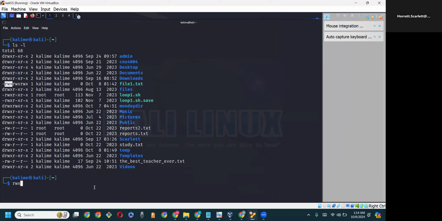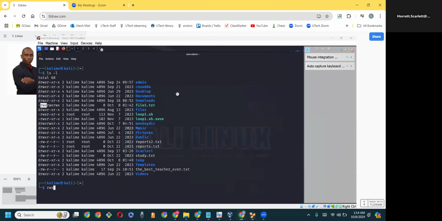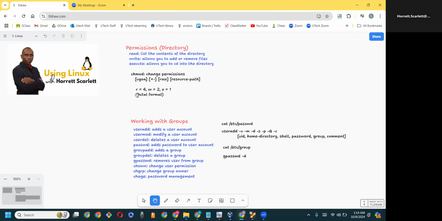So what 7 does is it turns on all the bits. And if we go back to the documentation, if we turn on read, we turn on write, and we turn on executable, then 4 plus 2 gives us 6 and 1 gives us 7. So it means that the value 7 is going to turn on everything.